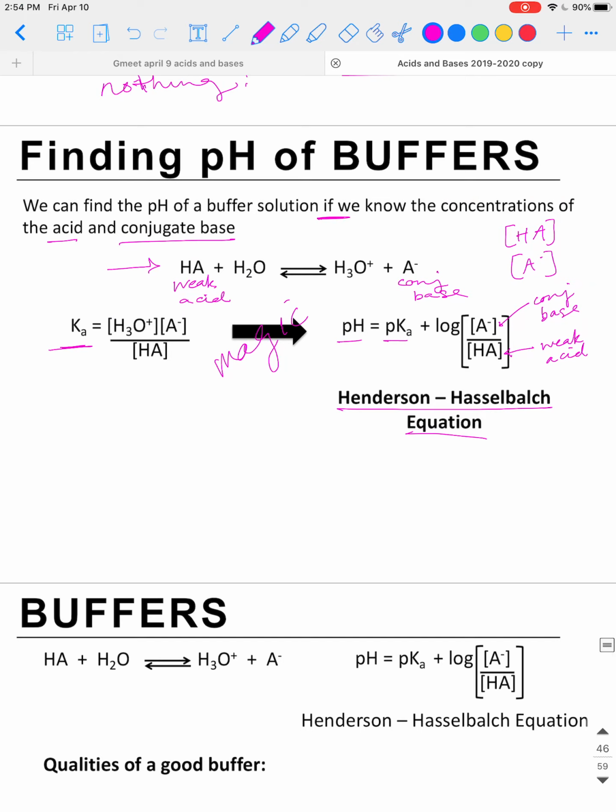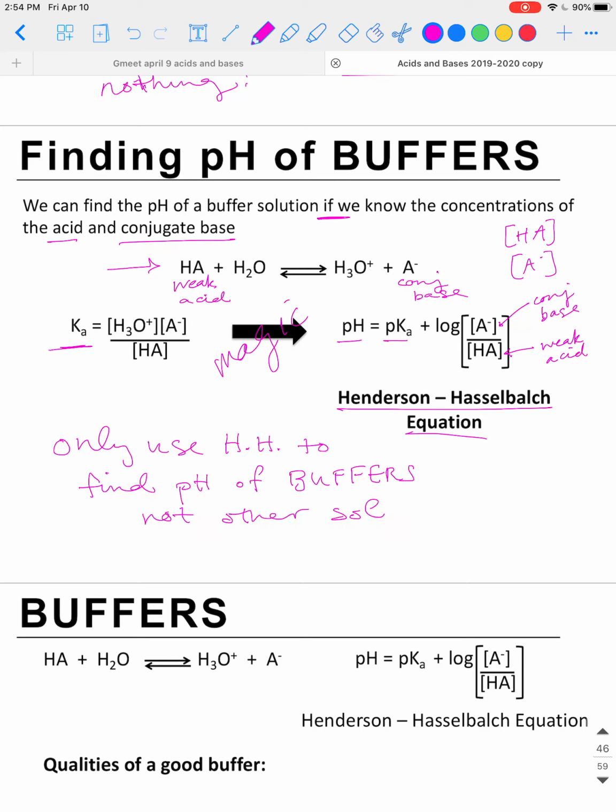Okay? All right. And again, you're not going to use this equation to find pH of any solution. We only use the Henderson-Hasselbalch equation to find pH of buffers, not other solutions.